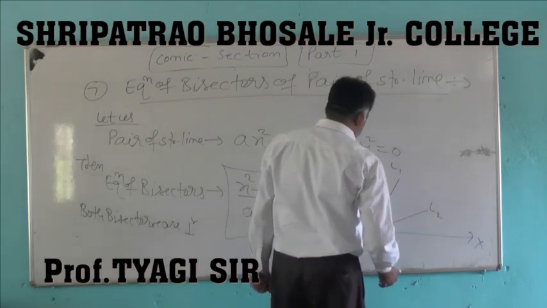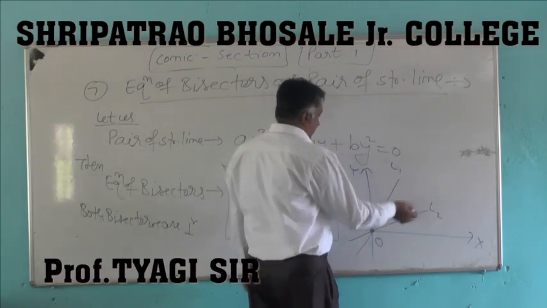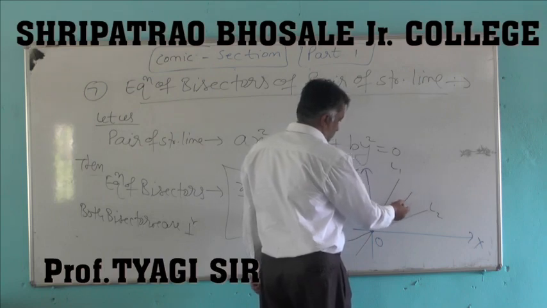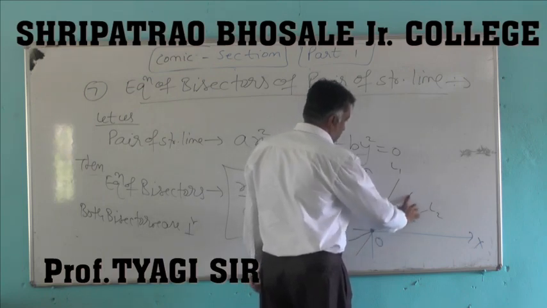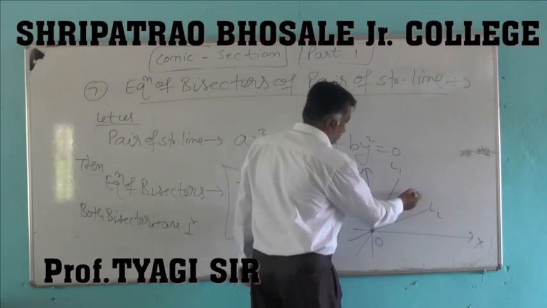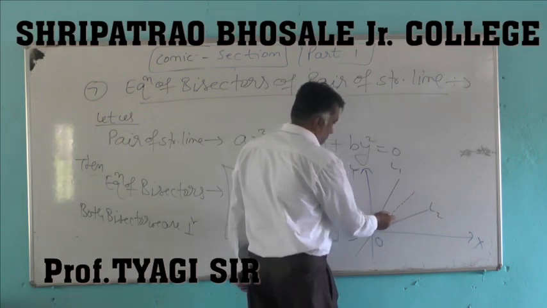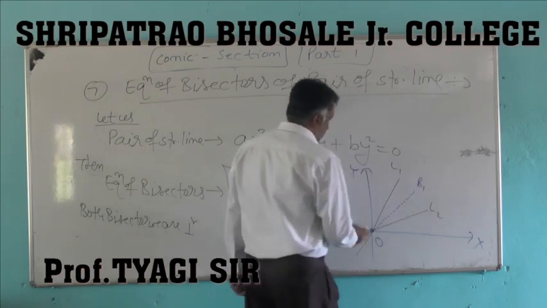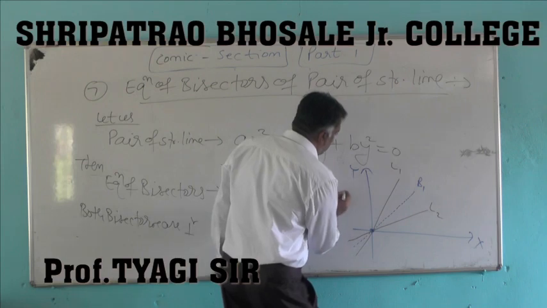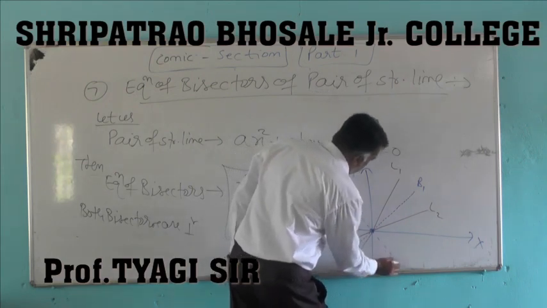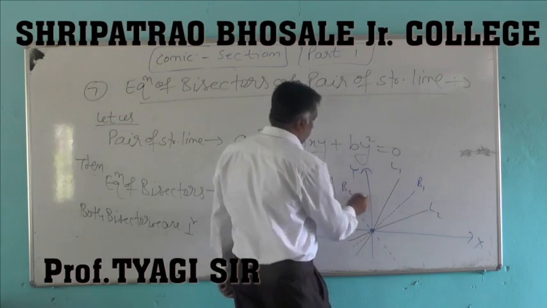For L1 and L2, the bisectors will be B1 and B2.